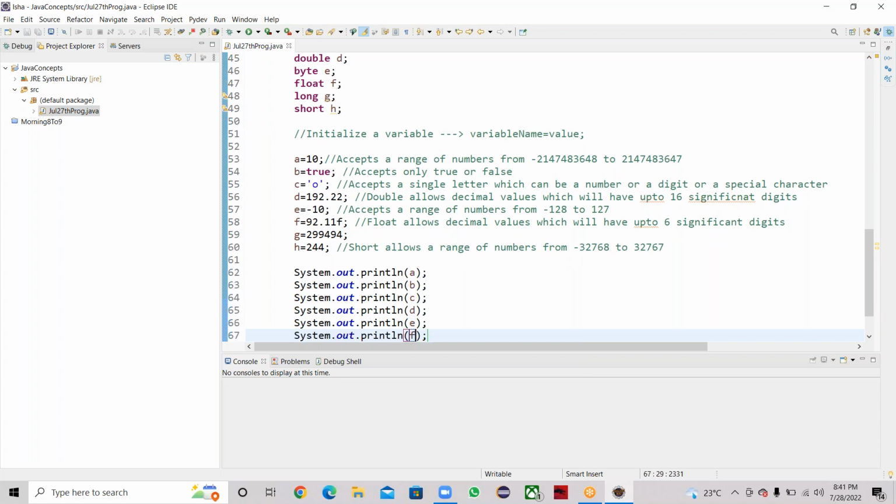Can you tell me the output of this program? Can anyone tell me the output of this program? A will be 10, B will be 2, C will take the assigned value, D will be the same answer, E will also be the same answer, and F. Perfect.